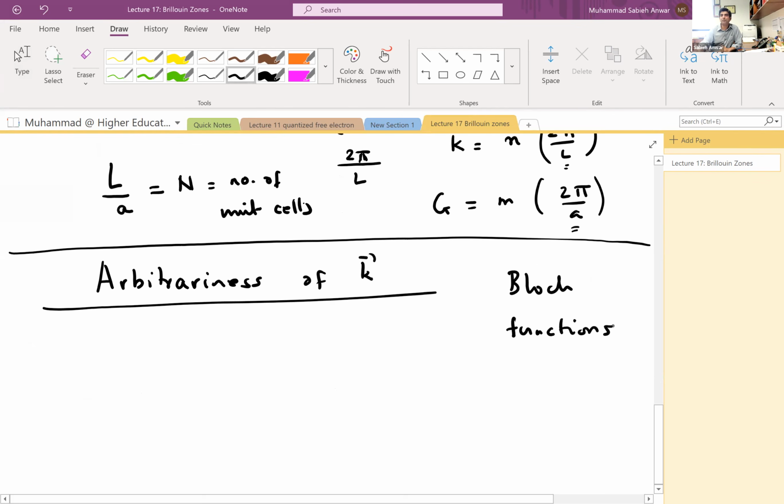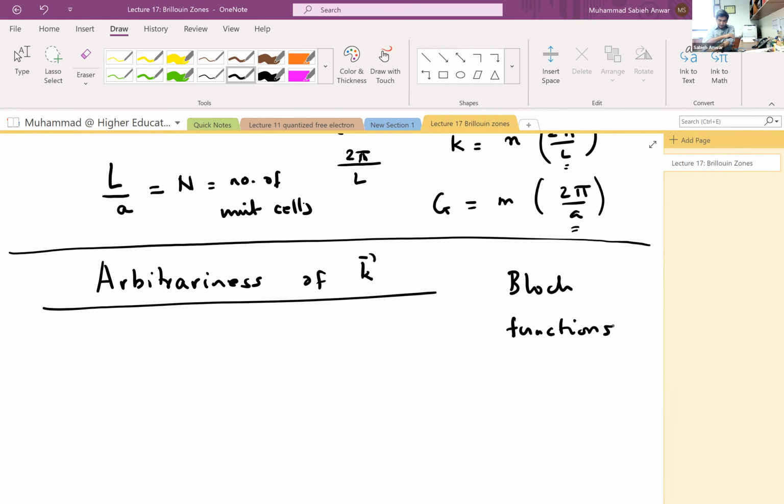Modulated plane waves are called Bloch functions. So Bloch functions are identical at different K values, which means different K values give you the same Bloch function, even though the energies could be different. So I'm going to talk about this arbitrariness of K.